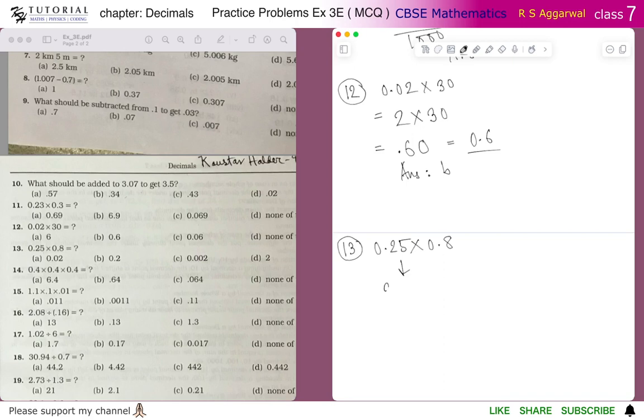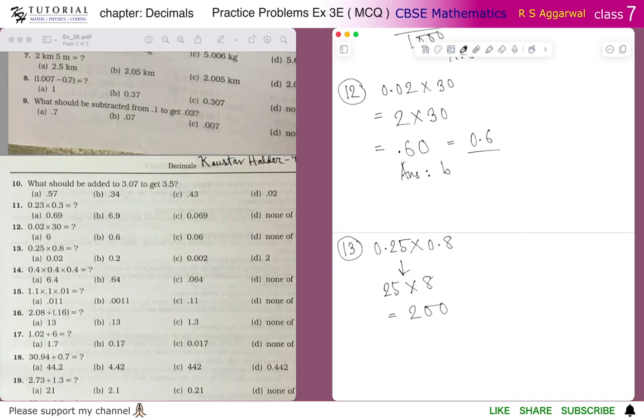So this becomes 25 into 8. So this is 200, and now we put the decimal point in 200 in such a way that its decimal places become the sum of the decimal places of the two input decimal numbers.